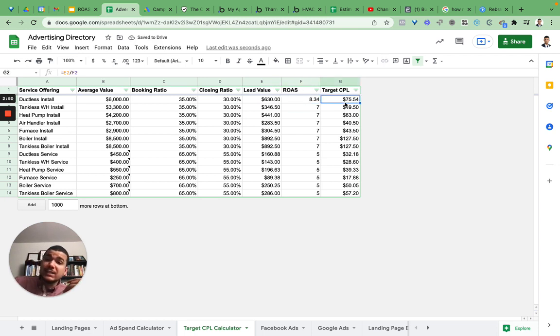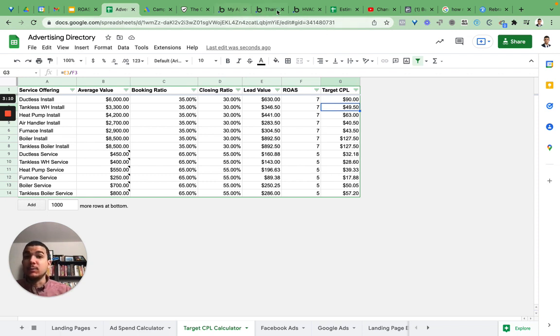That's how much you can spend to get a lead for that project based on your booking ratio and your closing ratio. Typically, we like to do around 7 to 8% because we want to make sure you're getting the profit you set out to get when you're advertising with us. So that's usually how you do it.